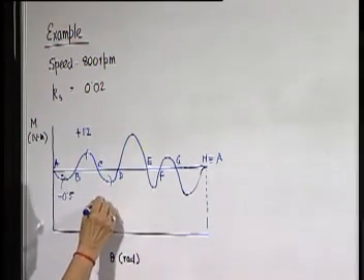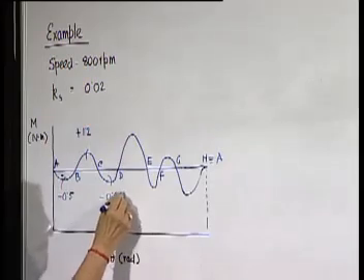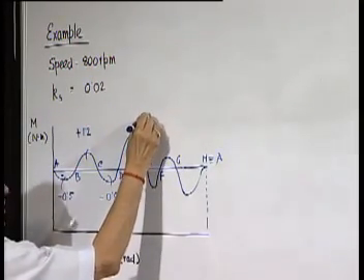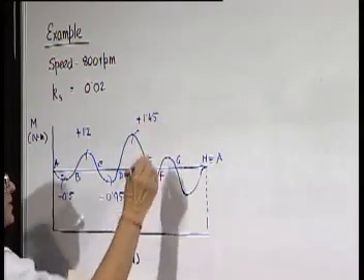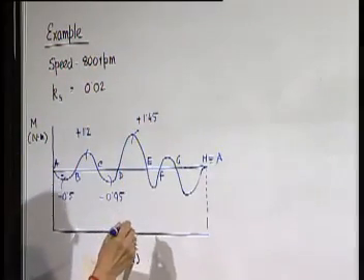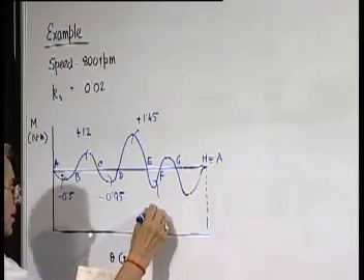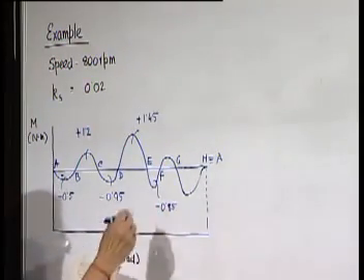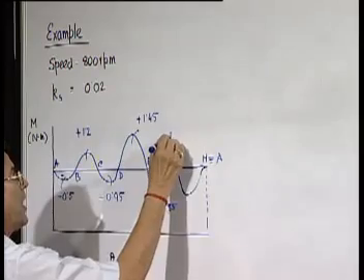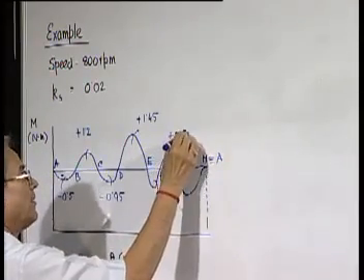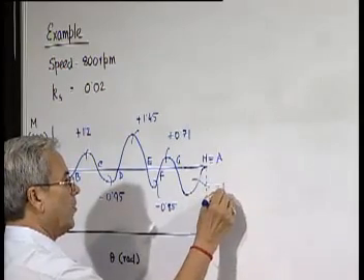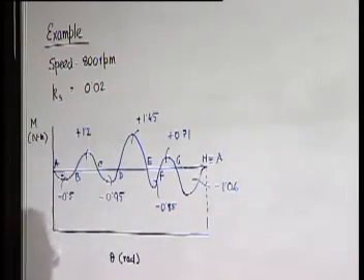This is minus 0.95 centimeter square. This is plus 1.45 centimeter square. This area is minus 0.85 centimeter square. This area is plus 0.71 centimeter square, and this is say minus 1.06 centimeter square.